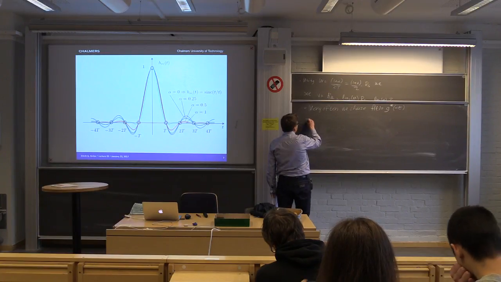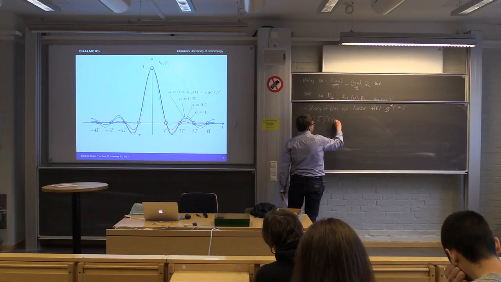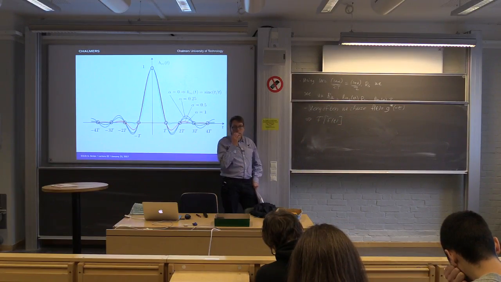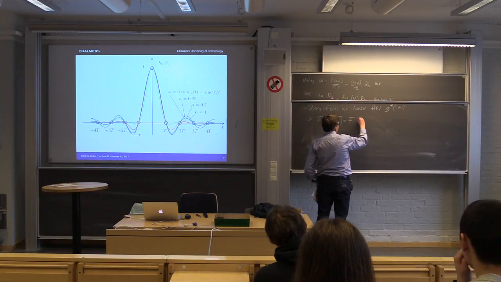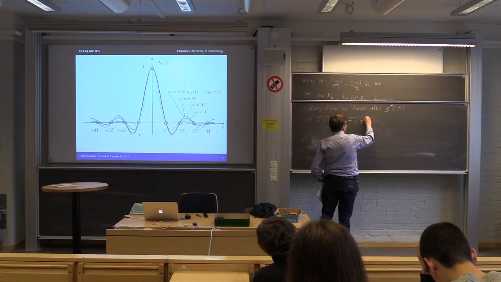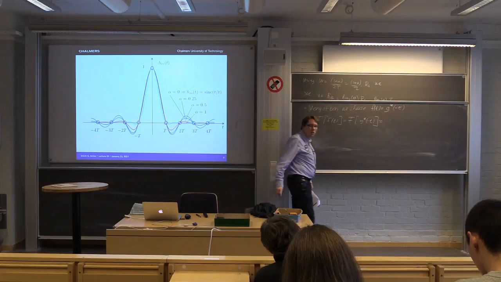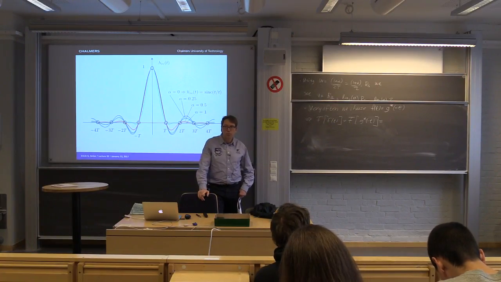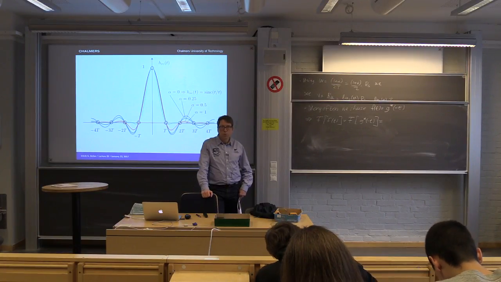So what does that tell us about the Fourier transform of f? Well, it's the Fourier transform of g star of negative t. So can somebody tell me what that is right off the bat, in terms of the Fourier transform of g?